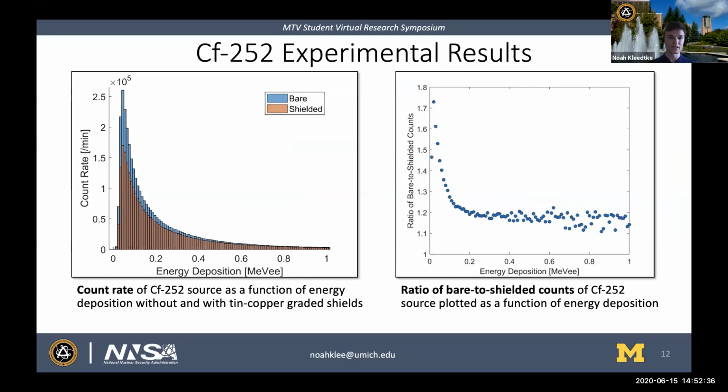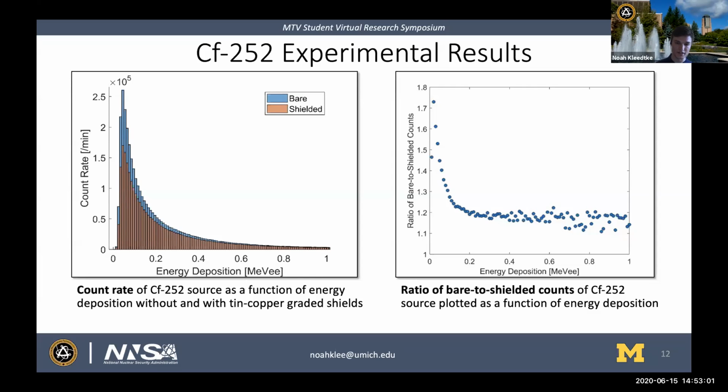The large difference in bare count rate versus shielded count rate at low energy deposition, and the small difference between bare count rate and shielded count rate at larger energy deposition, demonstrates that the shield actually preferentially shielded the lower energy gamma rays, which we wanted.